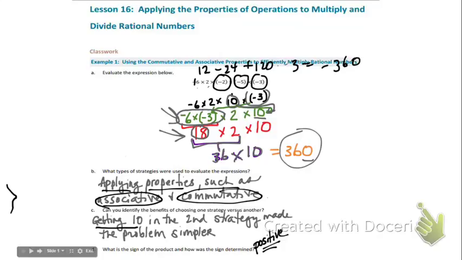No matter how many positive numbers I multiply times that one negative number, it's never going to become positive. So again, that's one way to determine what the sign of a multi-step multiplication problem is going to be.